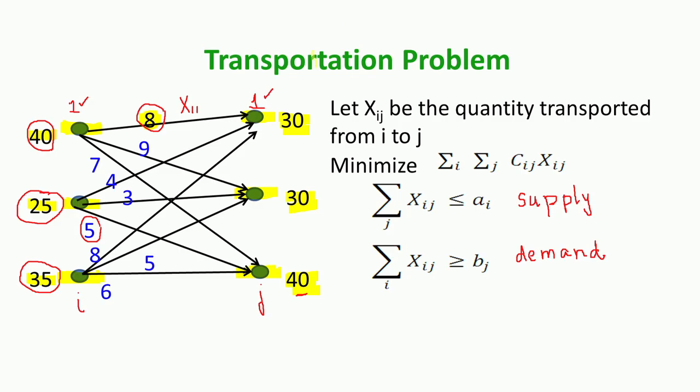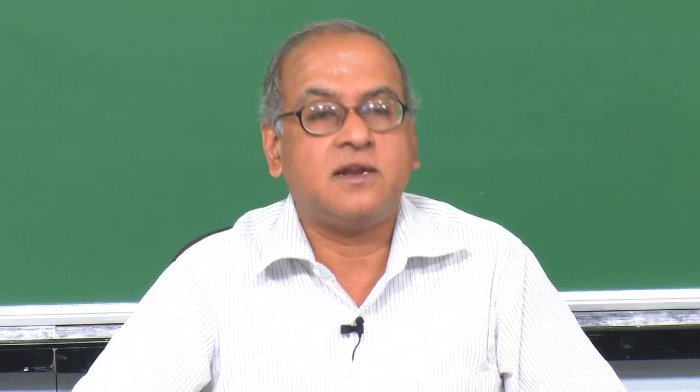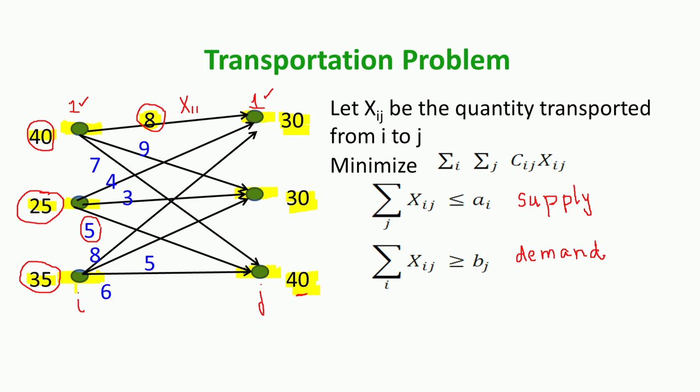Now if we take the first demand point with 30, the demand of 30 has to be met by sending things from these 40, 25 and 35. So x11 is sent from this 40, x21 is sent from the second supply point, x31 is sent from the third supply point.